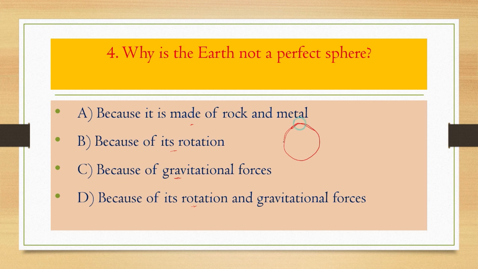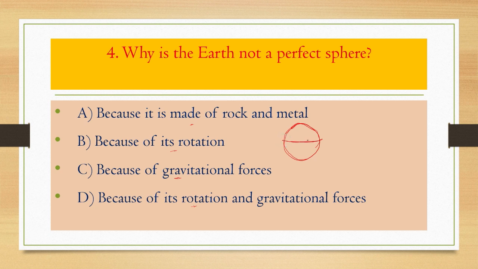We know that Earth has two movements. One is the rotation and the other one is the revolution. Now we'll discuss only rotation. When the Earth is rotating on itself, it creates a centrifugal force in the middle.